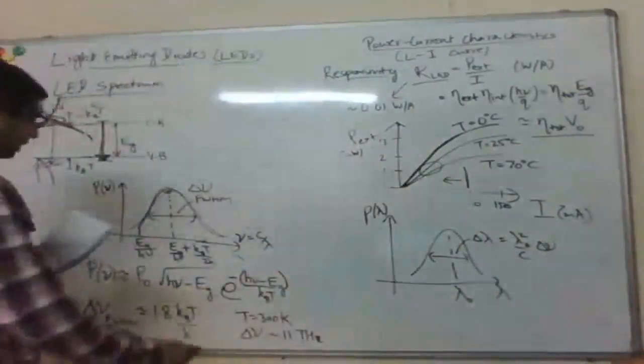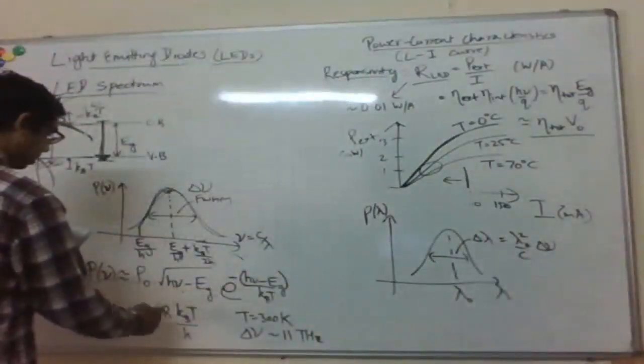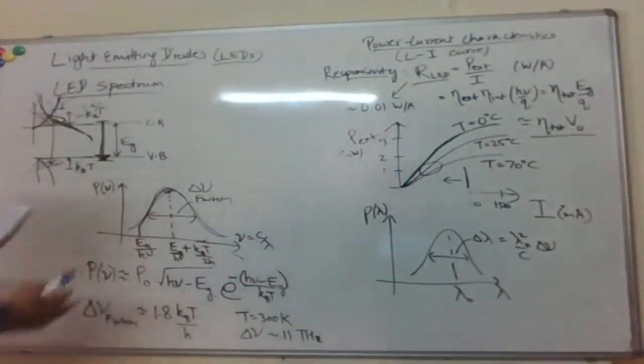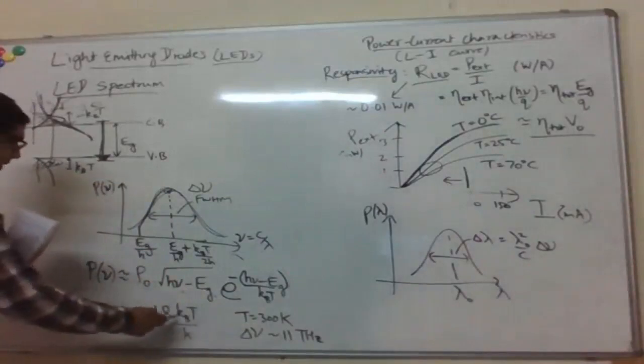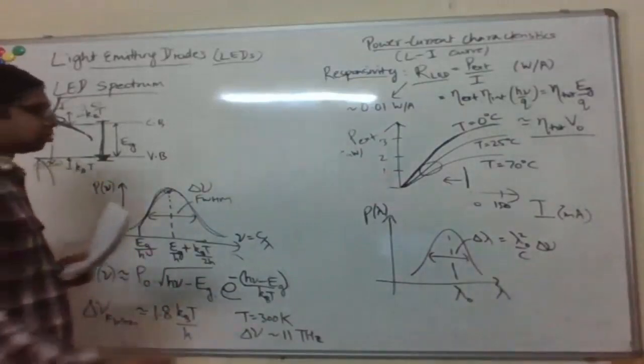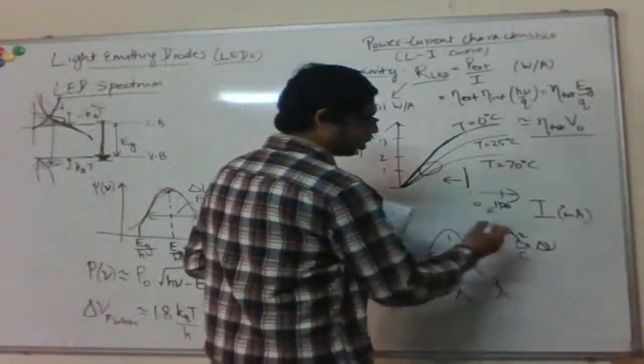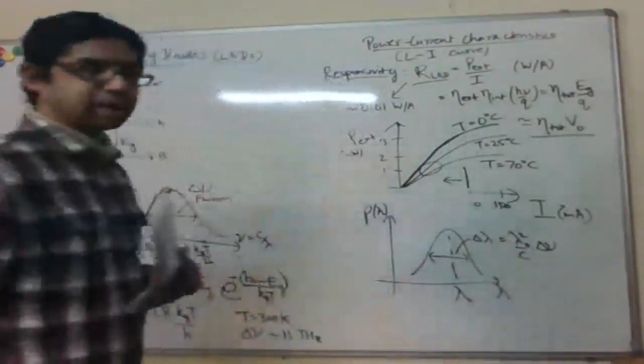So you can see that in frequency it does not depend on the band gap or the emission center wavelength. It just depends on temperature on the frequency scale. But on the wavelength scale, it will depend on which wavelength you're operating at, or what the band gap is.